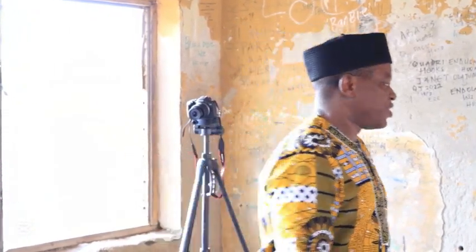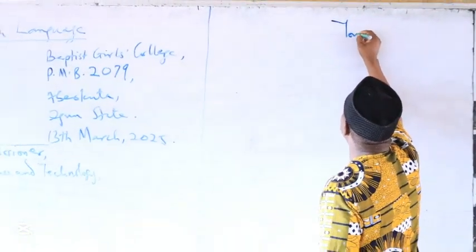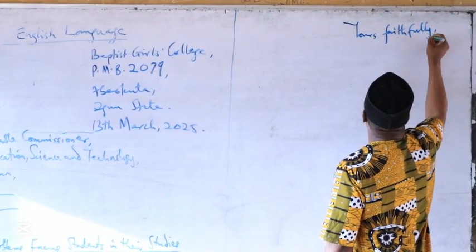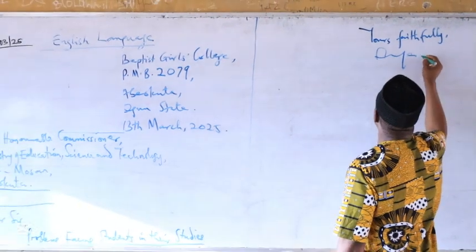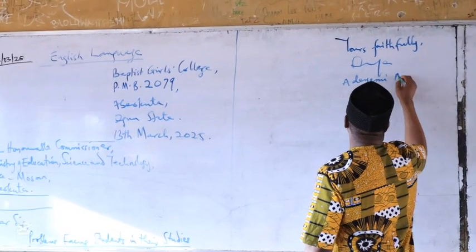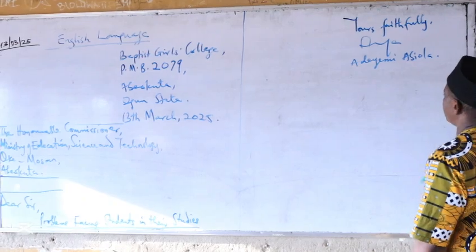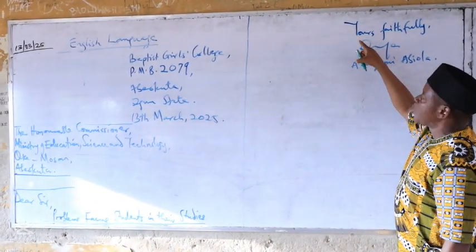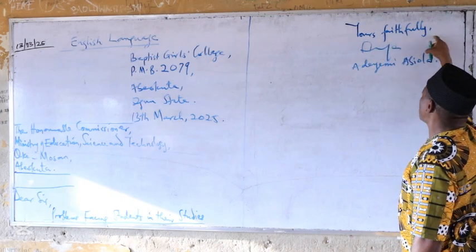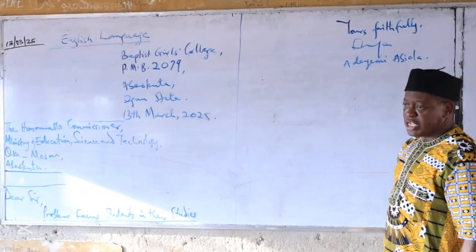Then, the complimentary close. What's the complimentary close for a formal letter? Yours faithfully, comma, signature, Adeyemi Abiola, full stop. Capital letter Y, there is no apostrophe on R, small letter S, comma, signature, surname first, then your own name.